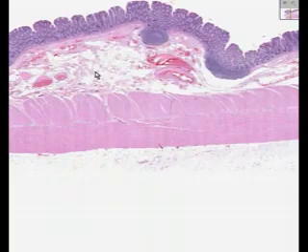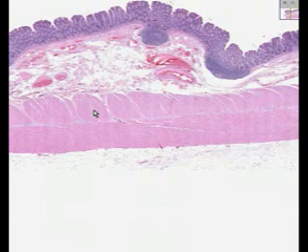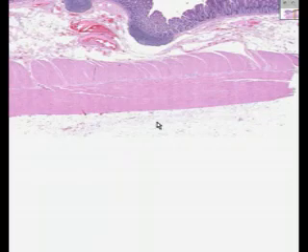But then you have your regular old muscularis, or some people might call this media, but that's more a term reserved for blood vessels, so we'll call this just the muscularis. Two types of fibers, inner circular, outer longitudinal. And then a lot of loose fatty connective tissue external to that.